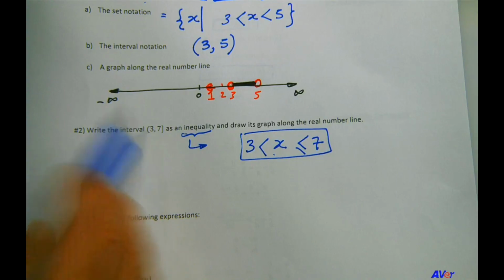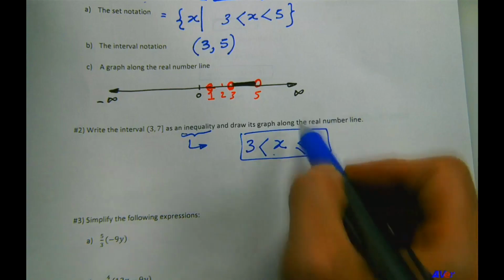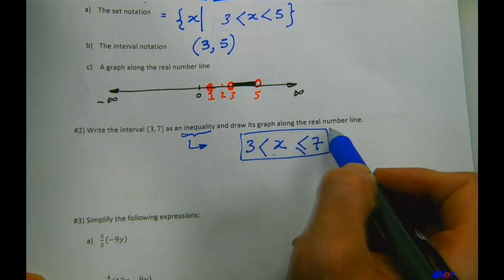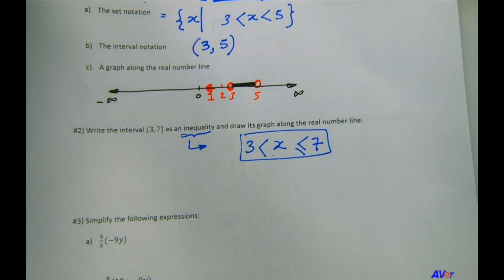So 3.00001, is that part of the interval? Yes. 3.000000005, is that part of this interval? Yes. Anything over 3 is part of this interval, but not 3 itself. Also, it wants us to graph this interval along the real number line. So let's do that.